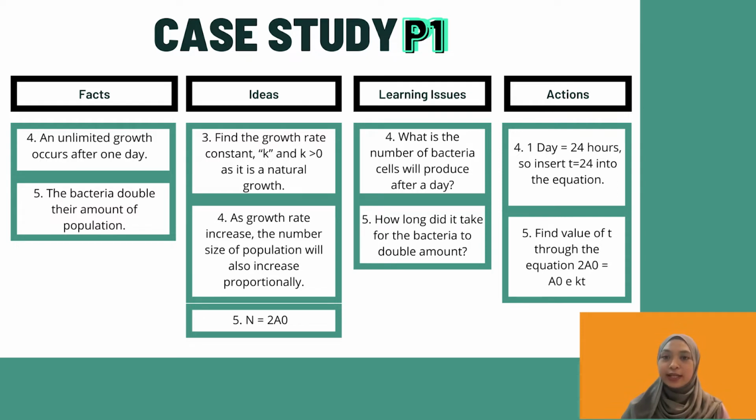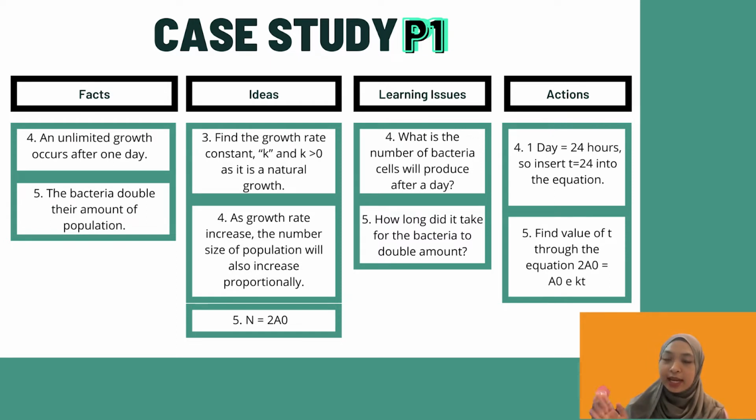For the action, in order to overcome the problems of the case study, the first step we need to know is N, which is the population of bacteria. The equation is N equals 10,000 e to the power of k multiplied by time. Second, the initial amount, the value of A, is equal to 10,000.